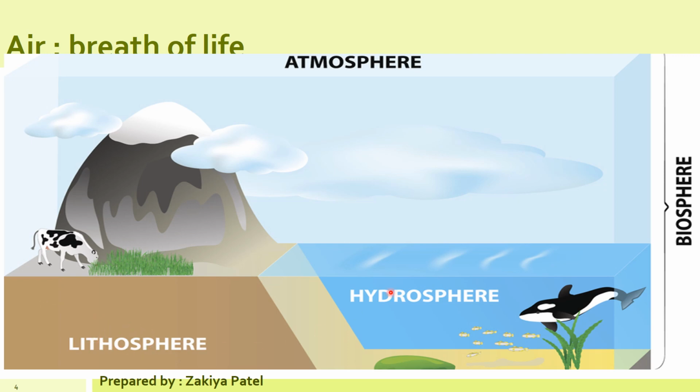When these three layers, lithosphere, hydrosphere and atmosphere, interact with each other, then one life existing sphere is formed, which is called biosphere. Now, what is biosphere? We will learn in detail in today's video which kind of factors are included in the biosphere. So, let's see biosphere.